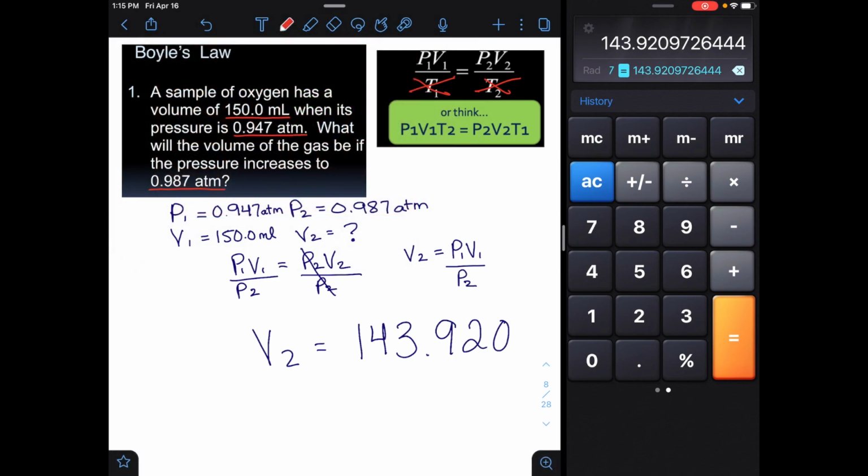So my final answer should be 144. And I want to make sure I put my units after that. The units that I use up here are going to be the units that I use down here. So this is milliliters. So that's my final answer. I put a box around it, and that's kind of everything I'd like to know. So that's an example of Boyle's law.